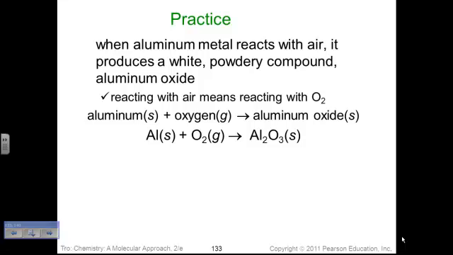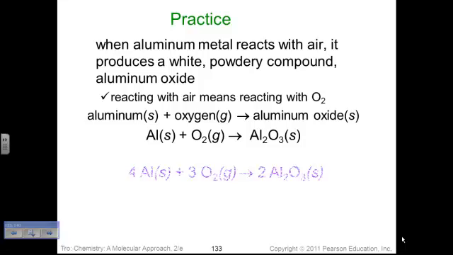Al with its +3, O with its -2. Working those words into an ionic compound formula, we have to crisscross charges. Al +3 with O -2 becomes electrically balanced with the formula of Al2O3. This is a great skeleton, but it's not balanced.